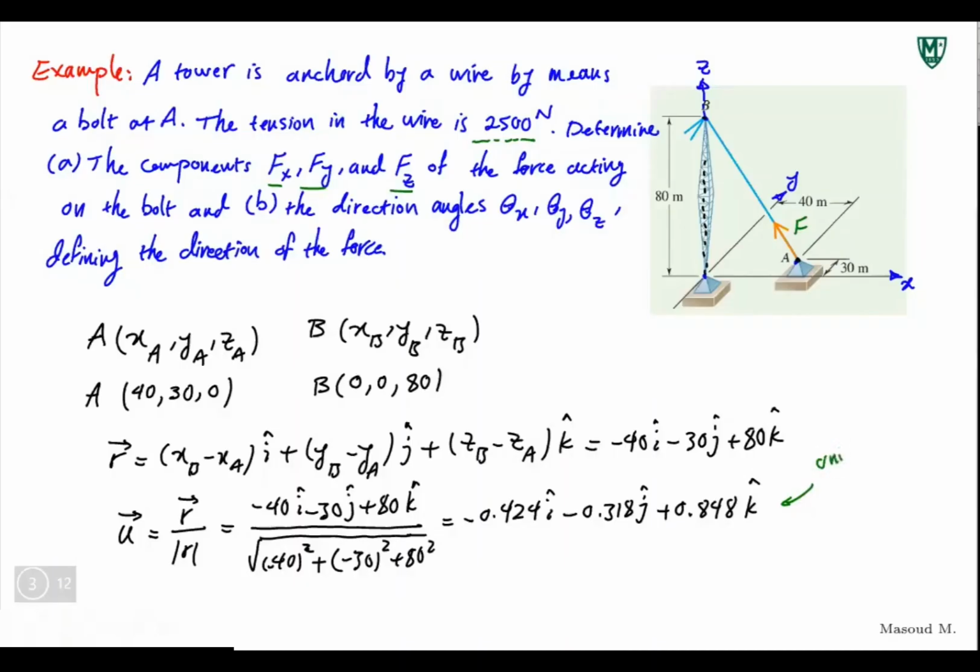This will be your, go ahead, Sam. Sorry, quick question. Could you write the R vector just in vector notation, like -40, -30, and then 80, and then you just divide it by the magnitude, or do you have to write it like i, j, and k? No, you don't. So let me see if I understood it correctly. You're saying that instead of writing it this way here, you just write it minus 40, minus 30, and 80.